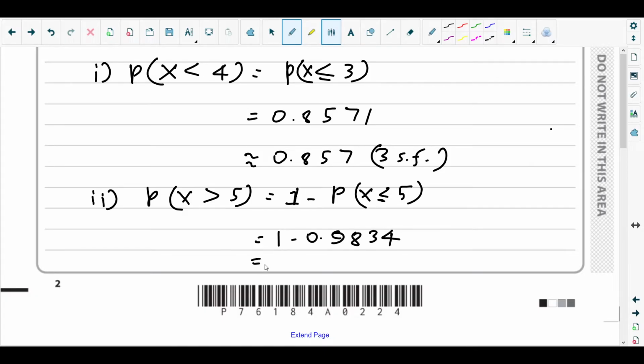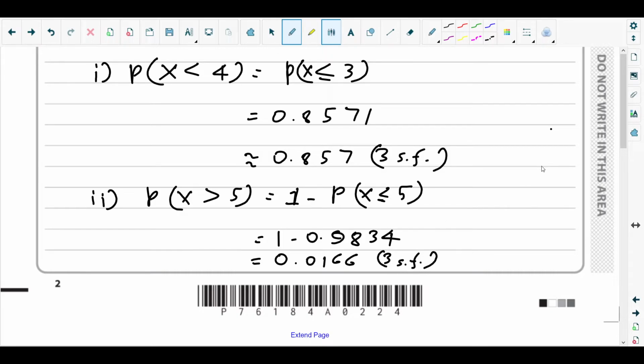What would be the value? Use your calculator. 1 minus 0.9834 is 0.0166. That's the answer to 3 significant figures.